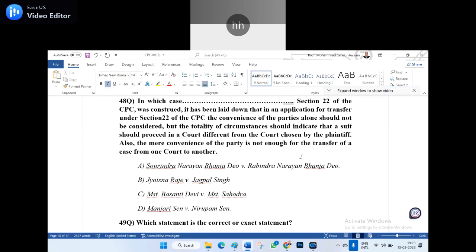These are the four cases. In which case was Section 22 of the CPC construed? Option C, sir. You are right. It is MST Basanti Devi versus MST Sahodra.